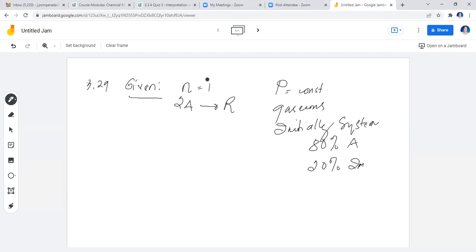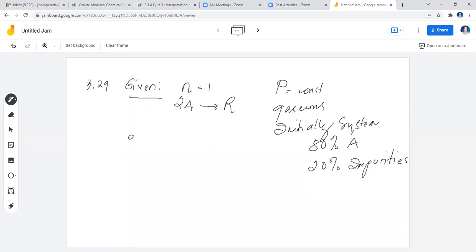So you're not having a system which is all 100% A. Okay, so this is where our system is starting, and there is a decrease by 20% in the volume. So the phrase is the volume of the reaction mixture starting with 80% A decreases by 20% in 3 minutes.